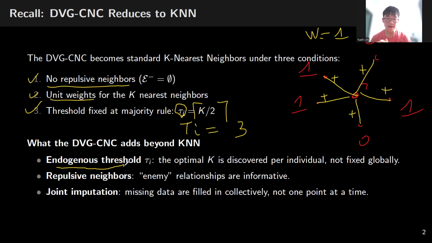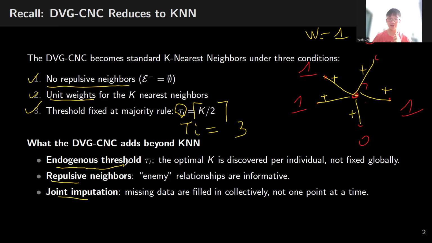Also, the tau i is discovered separately for each individual rather than being fixed globally. Secondly, repulsive neighbors. In KNN, you only choose the K nearest neighbors, so you have no repulsive neighbors. But the voting game model allows that, and it lets enemy relationships carry more information: a point whose neighbors consistently choose the opposite label can be informative. KNN doesn't take that into account.